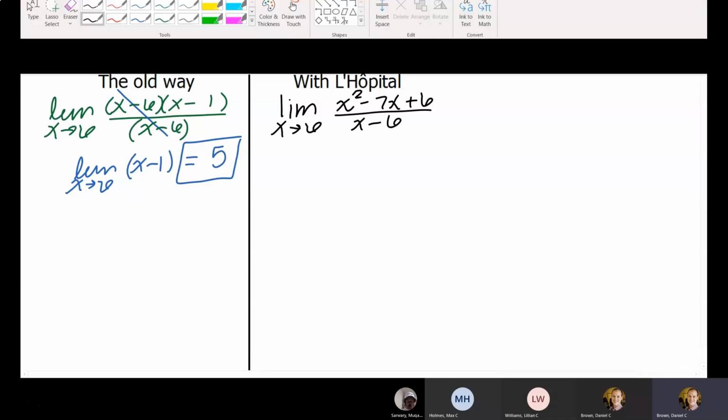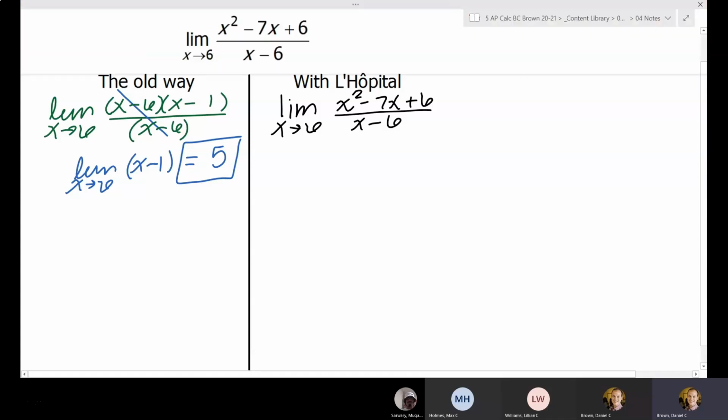The easiest way to do this that will still earn you full credit on the AP exam is to show that the numerator is approaching 0 or infinity, and that the denominator is approaching 0 or infinity. To do that, you just need to use an arrow. No equal signs. You have to show the numerator and denominator clearly and separately. So how I would show the numerator, after doing direct substitution, 6 squared minus 7 times 6 plus 6, is that it is going to give me 0.